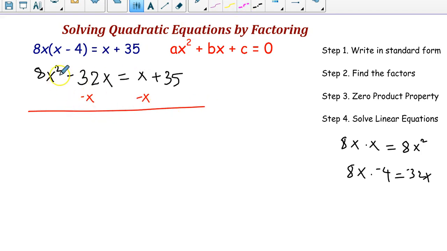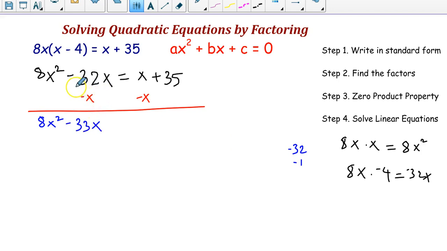Then bring down this 8x square, 8x square minus 32x and minus x. Minus x means it is 1x. There are negative 32 and negative 1, and when I add those two it gives you negative 33x.